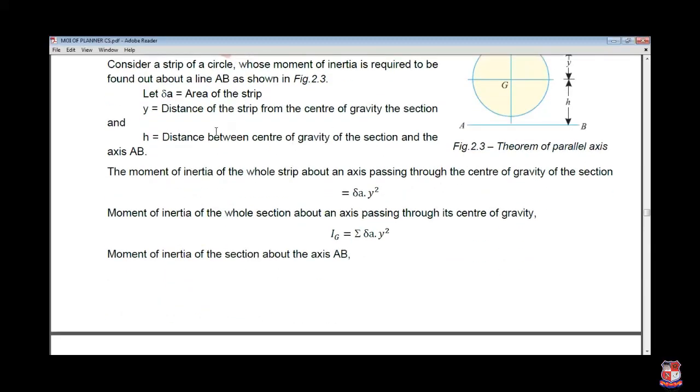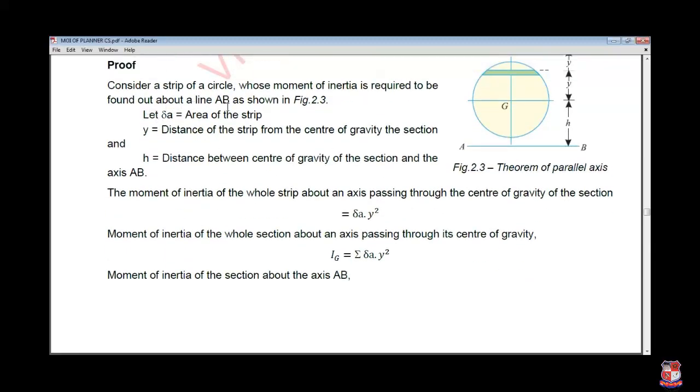So they have considered one example here. Consider a strip of a circle whose moment of inertia is required to be found. A line AB they have taken here.